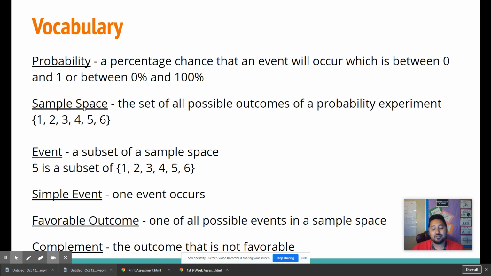A simple event is one event, and finding the probability of one event. A favorable outcome is what we're looking for, what we want, one of all possible events in the sample space. And then complement is the outcome that is not favorable. So, for example, a favorable outcome would be rolling a 5 when we're looking for rolling a 5. Its complement would be not rolling a 5. Okay, so it's the opposite of the favorable outcome.